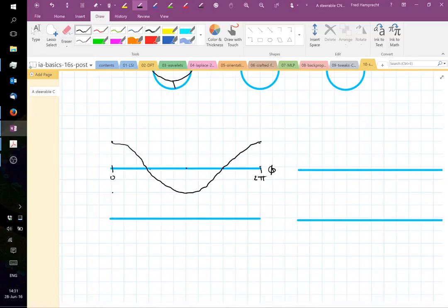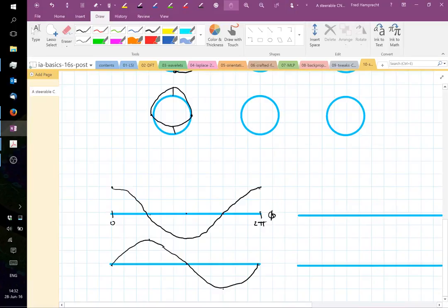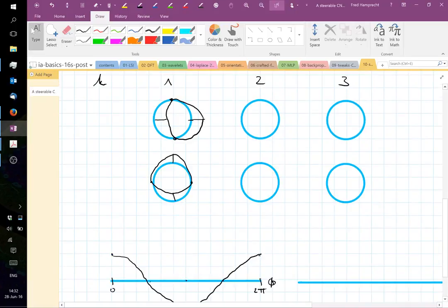And this would be the corresponding sine. This is just a different representation of what I tried to draw above. The zero angle was here, and this was 2 pi.